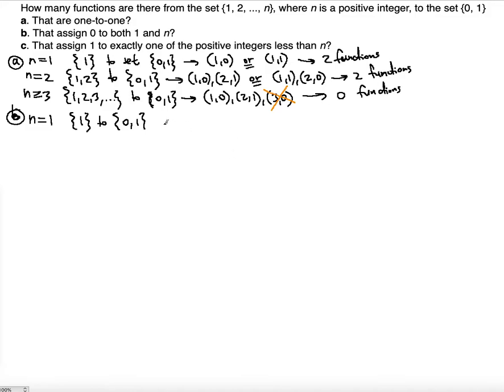So the only possibility is that we have (1, 0), because the constraint is that we have to assign 0 to both 1 and n. 1 here is both 1 and n, and we can only assign 0 to it. We can't assign 1. So that's only one function possible.